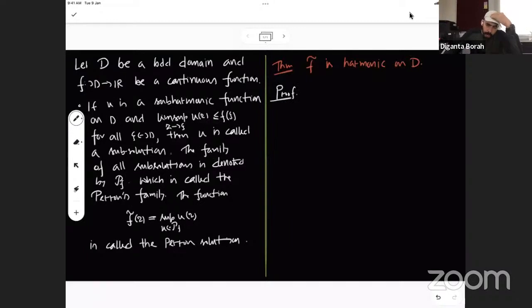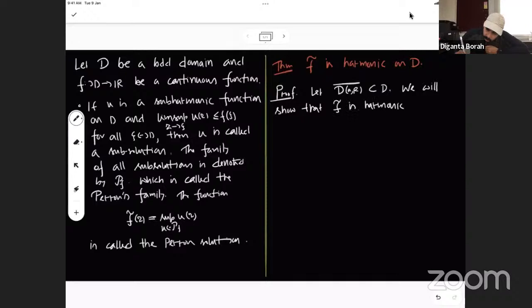First of all, you see, because harmonicity is a local property, to show that f tilde is harmonic on D, it is enough to show that around each point in D, there is a disk where f tilde is harmonic, right? So we'll try to do that. So let D(a, r), this is a disk. Suppose its closure is inside D. We'll show that f tilde is harmonic on it.